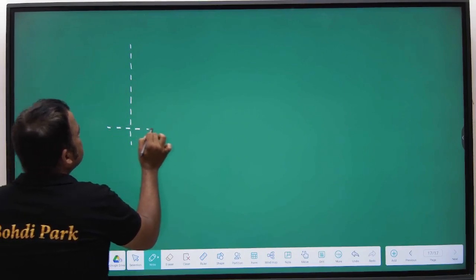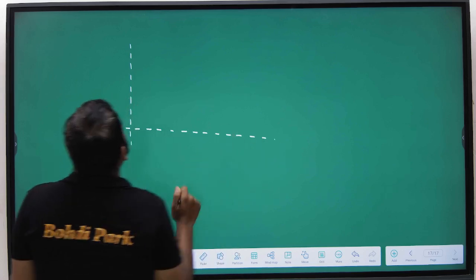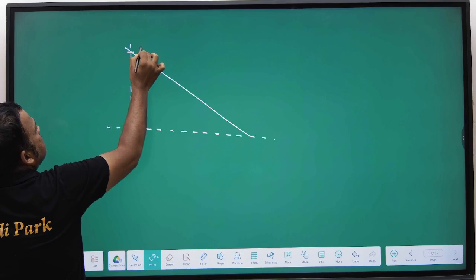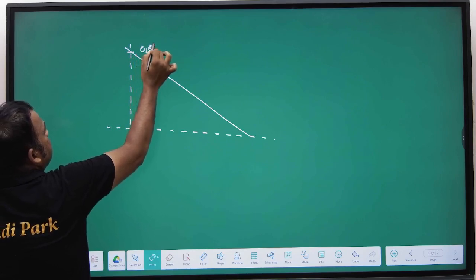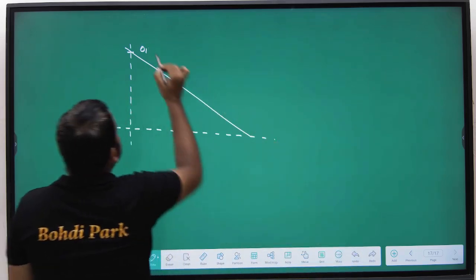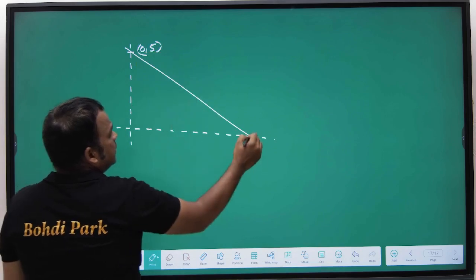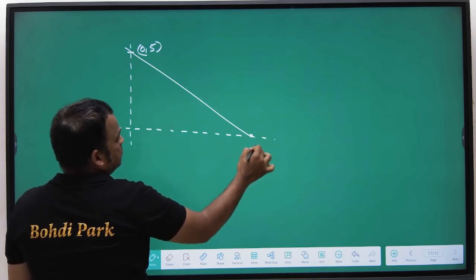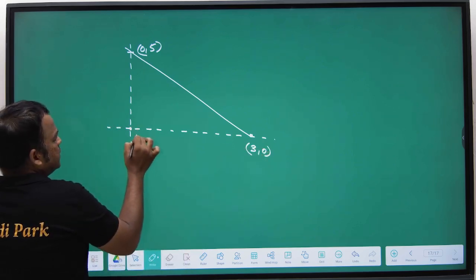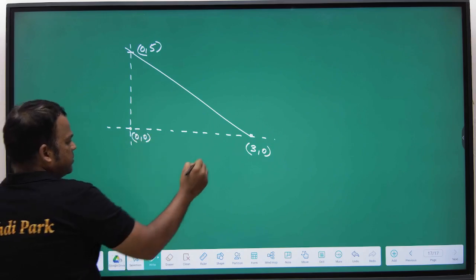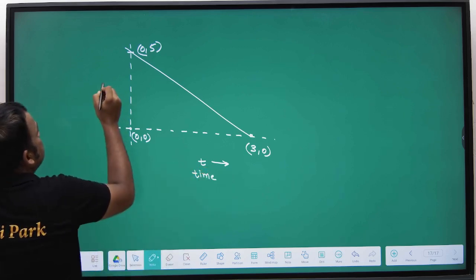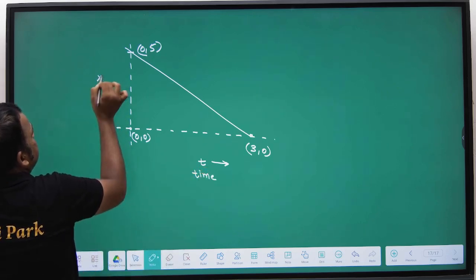Let's take one more example. Suppose this is y-axis, this is x-axis, this is the graph. Over here, the coordinates are given as 0, 5. And here the coordinates are given as 3, 0. And this is origin, we know that it is 0, 0. So horizontal axis is time axis and vertical axis is position x.